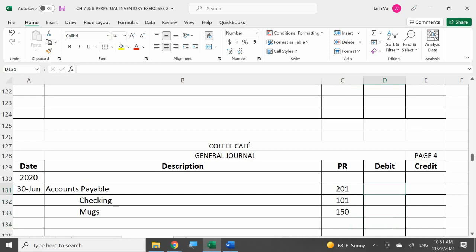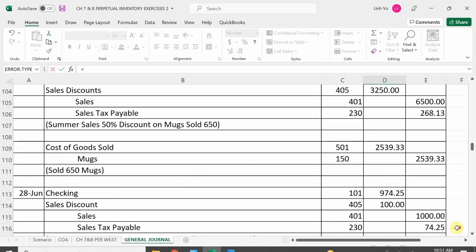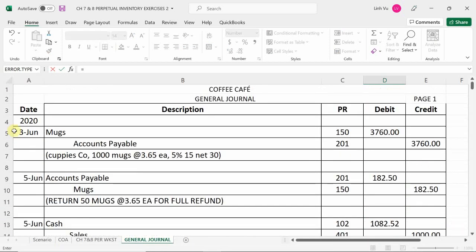Okay, so let's go all the way back up to the top. I originally journalized that I owe a total of $3,760. Excuse me. That's how much I owed, but I end up returning, or getting a refund for, $182.50.